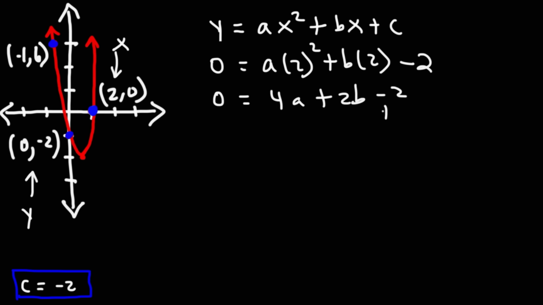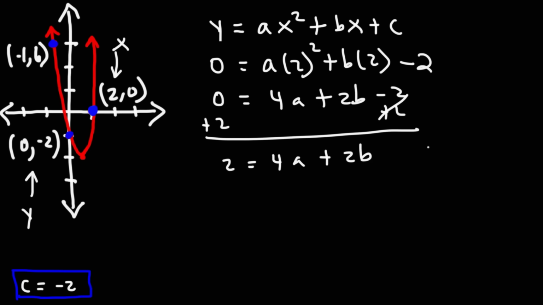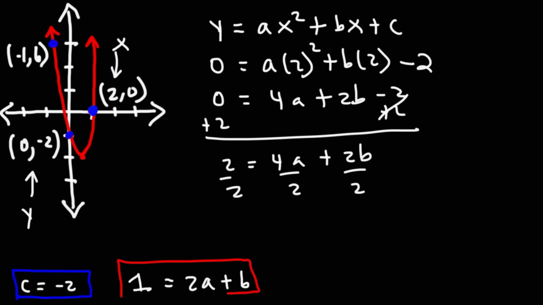Now I'm going to add 2 to both sides. So we get 2 is equal to 4a + 2b. Now notice that all the coefficients are even, so we can divide everything by 2. So we get 1 = 2a + b. So let's save this equation for later.